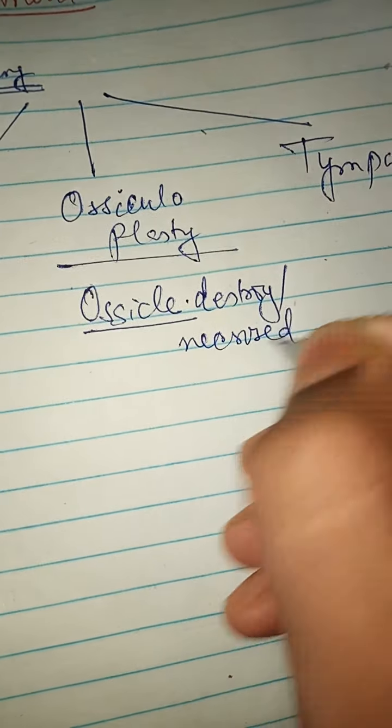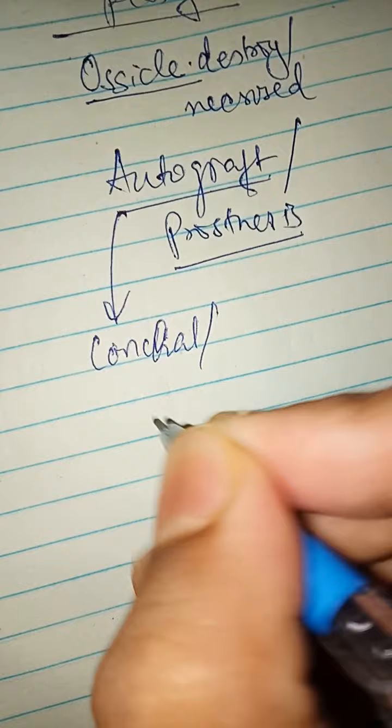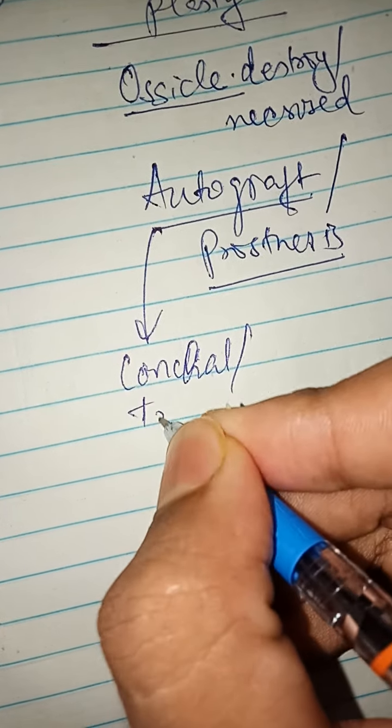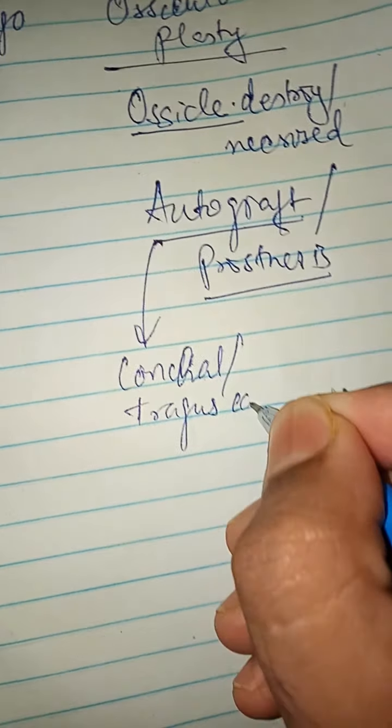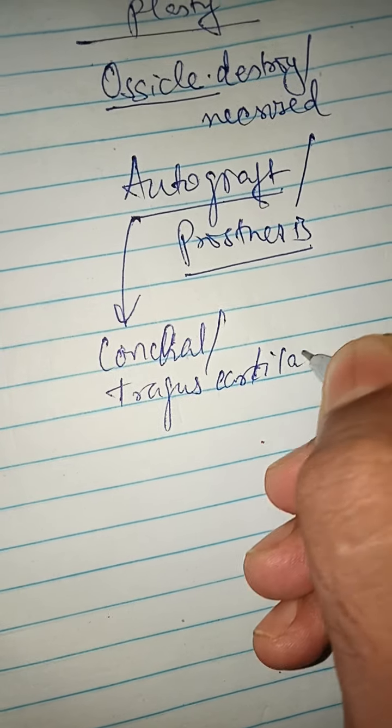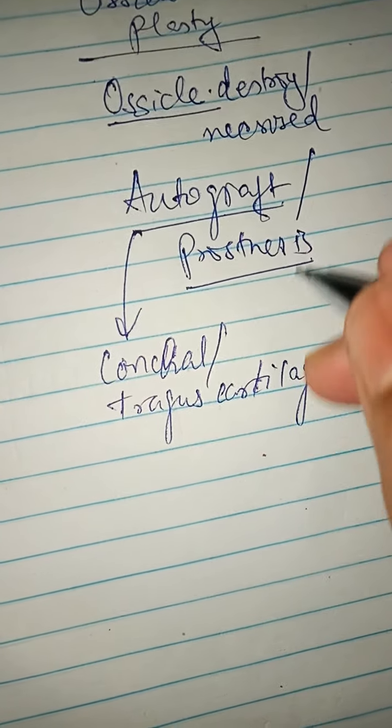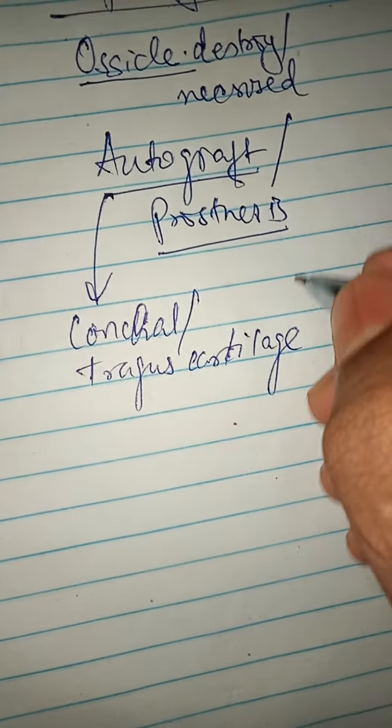So for autograft, what can we use? We can use the cartilage, either conchal or tragus cartilage from the pinna of the ear.